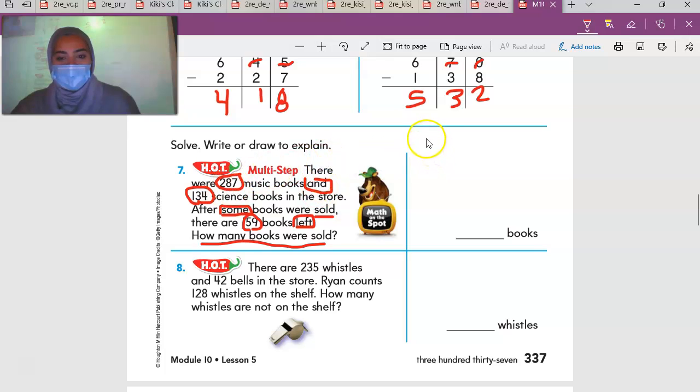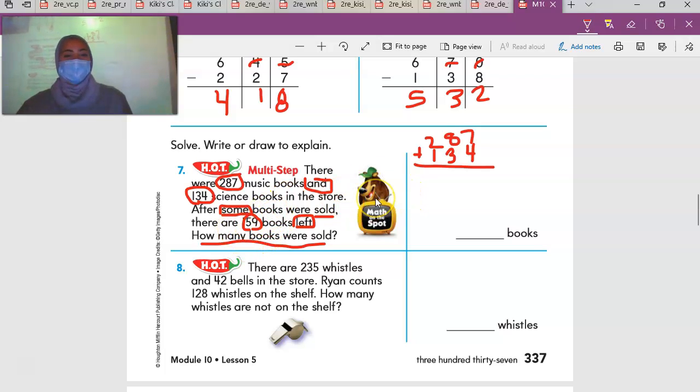There were 287 music books and 134 science books in the store. So we're going to add these numbers. After some books were sold, there were 159 books left. So let's add these numbers first and then take away 159.